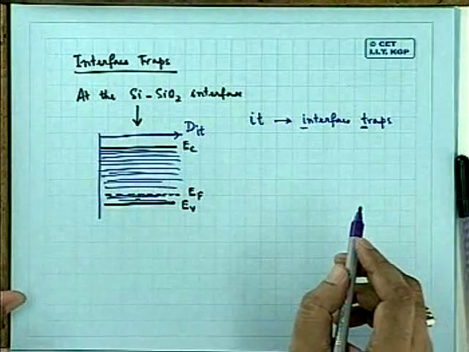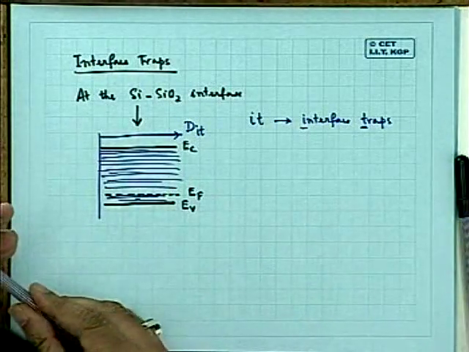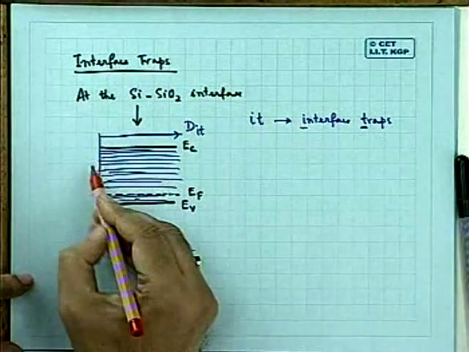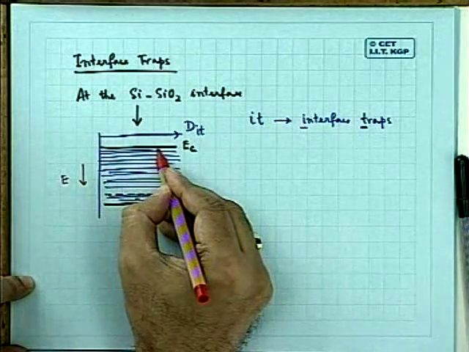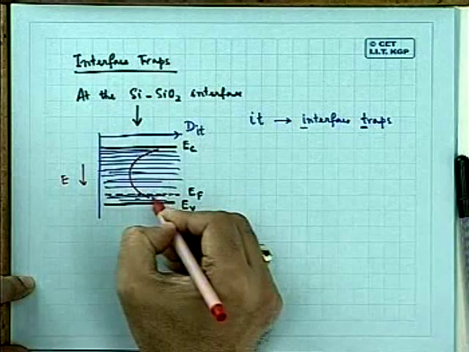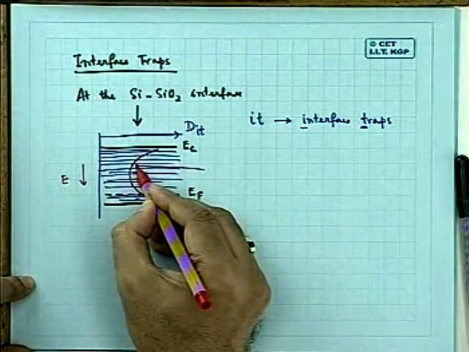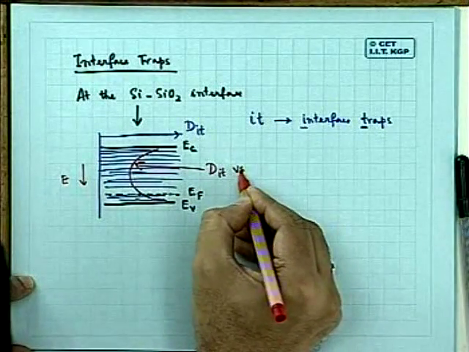So DIT against electron energy is a plot something like this. It is a plot of DIT versus energy.